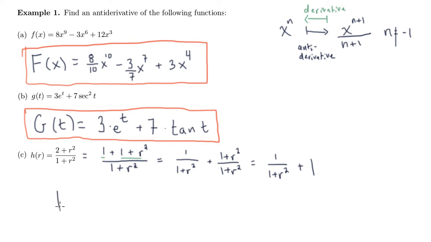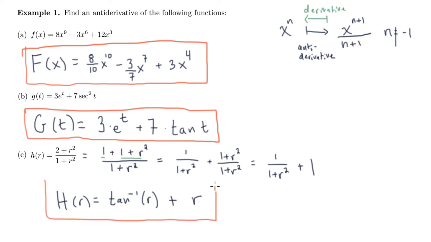So the antiderivative, or one of them, will just simply be inverse tangent of r. And then I need a function whose derivative is 1 when I take the derivative with respect to r, but that's just r. So I'll leave it like that, and that is an antiderivative of this function, little h of r.